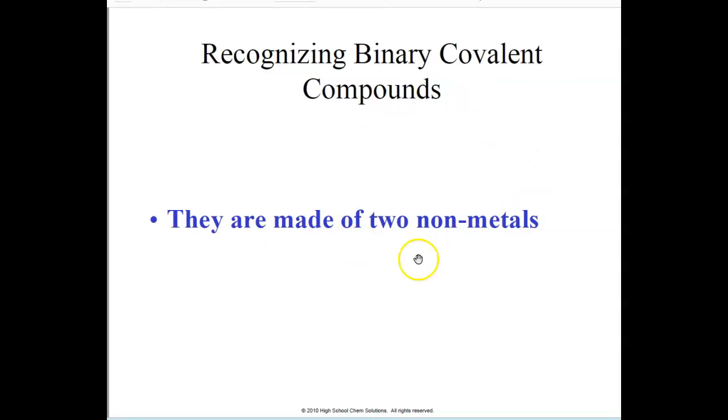If I combine two or more nonmetals, such as carbon and oxygen, then I can form carbon monoxide or carbon dioxide. And if I take sulfur and form bonds with hydrogen, I can make hydrogen sulfide. So I have many chemical compounds that I can make from two or more nonmetals coming together in a covalent bond.